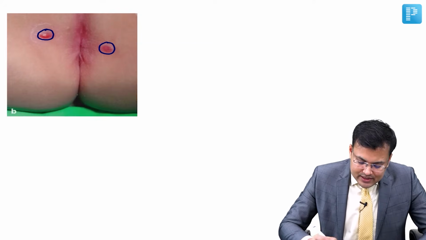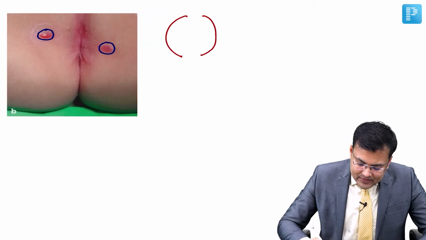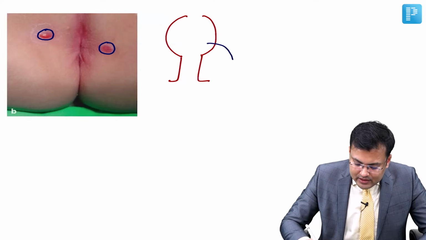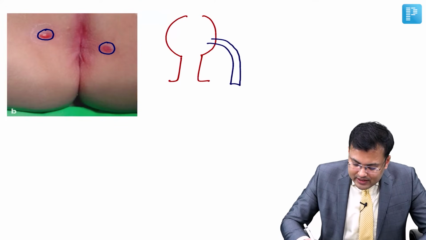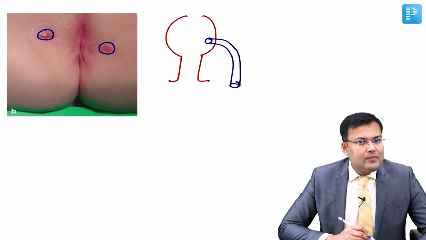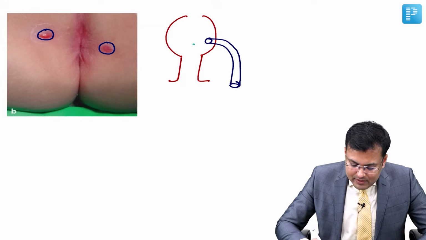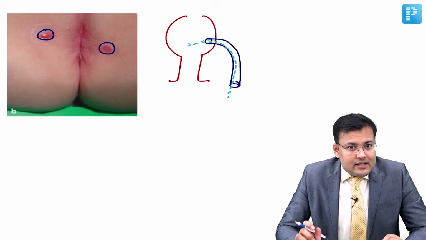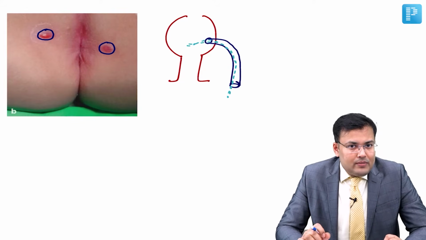And special feature, see, this is the rectum and this is the anal canal. Sometimes the internal opening is located in the rectum. And if the internal opening is located in the rectum, there will be one special history given by the patient. This patient will tell you that, sir, I pass feces and flatus from that external opening.